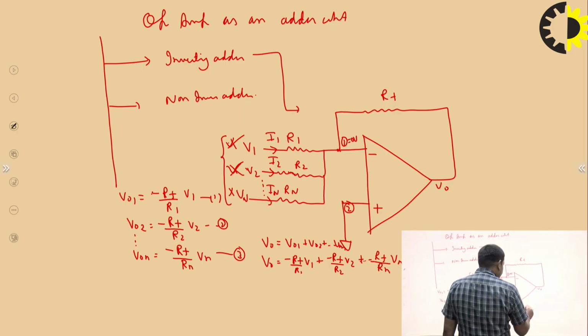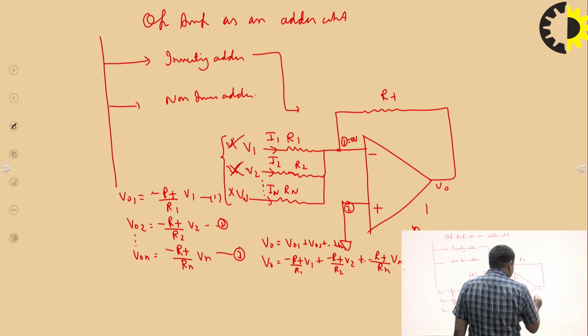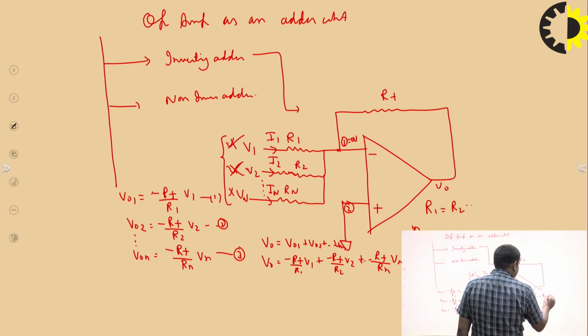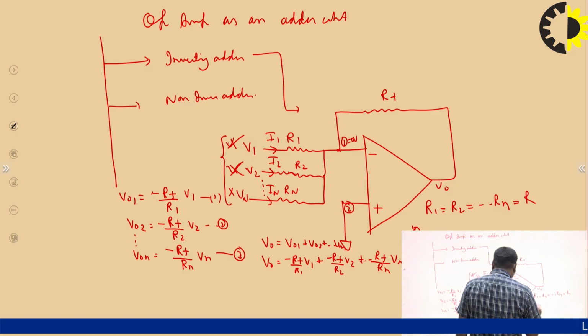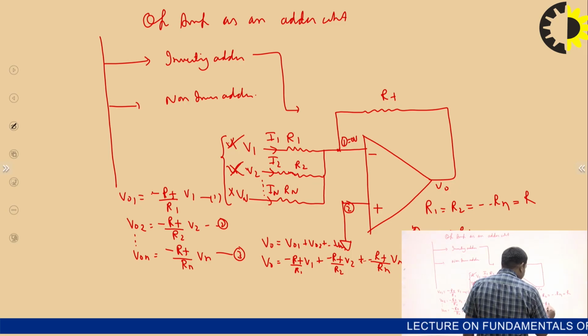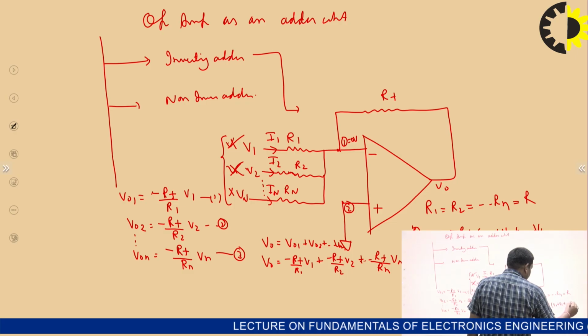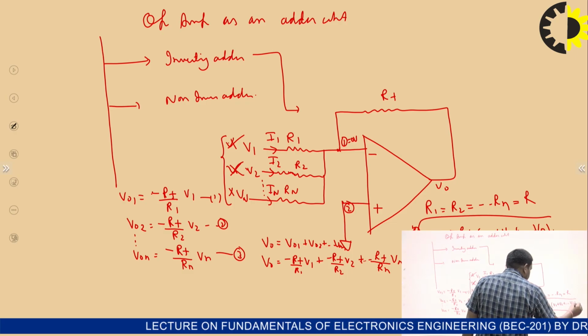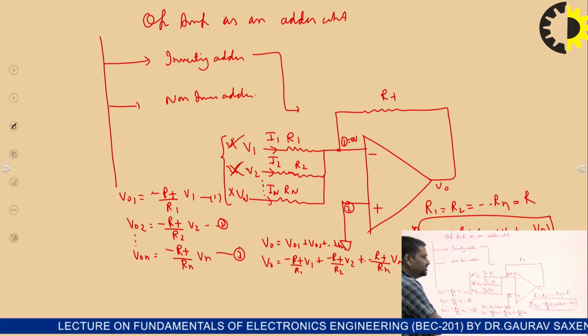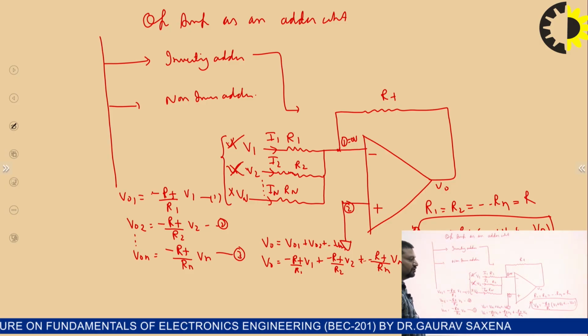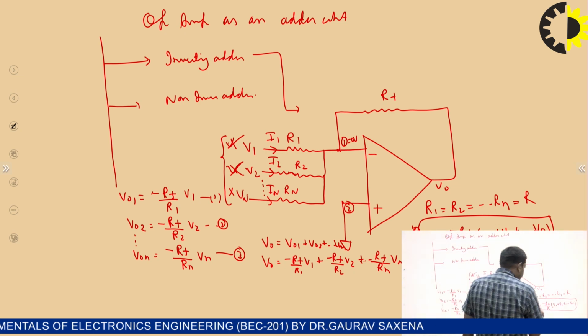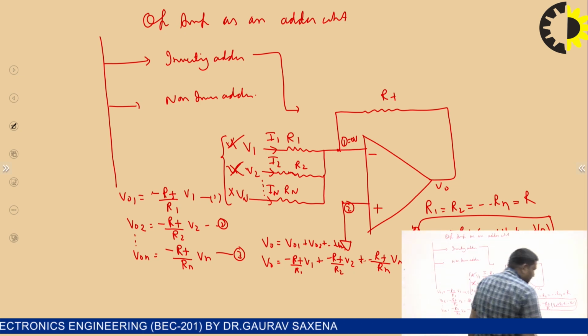If the condition is that R1, R2 and Rn are all the same and equal to R, then V0 is equal to minus Rf upon R into V1 plus V2 plus up to Vn. So this is the relation between the output and input voltages, and we see that the output is proportional to the sum of all the individual voltages.